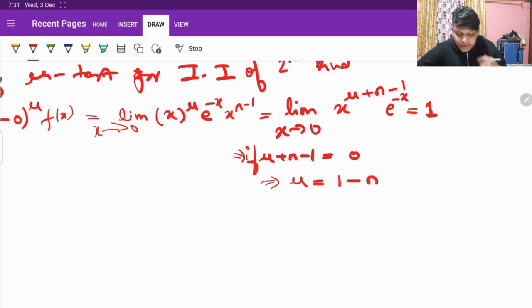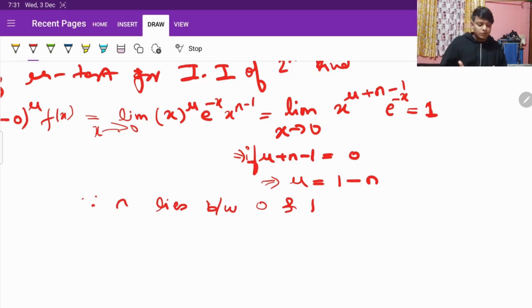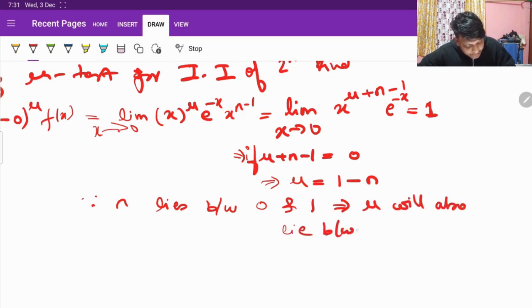Now what do we know about n? We know n lies between 0 and 1. Since we are subtracting n from 1, mu will also lie between 0 and 1. Now we have the mu test for the improper integral of the second kind.